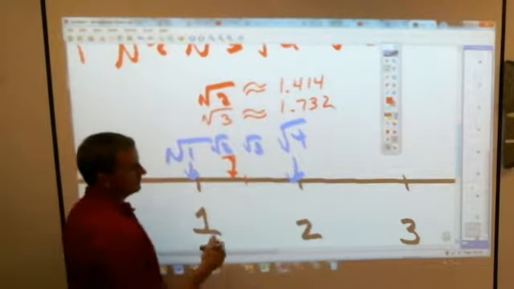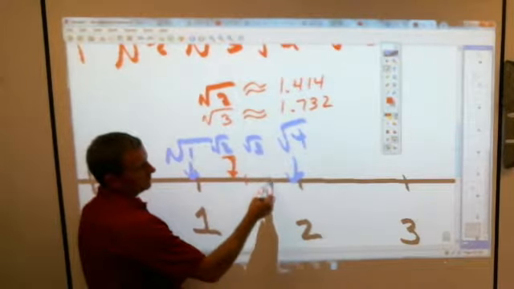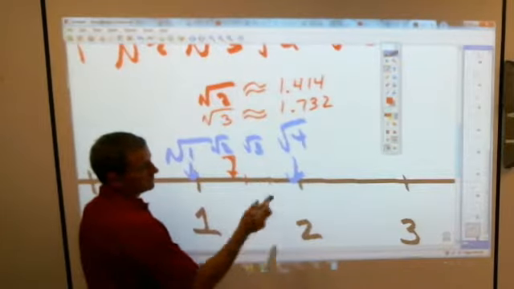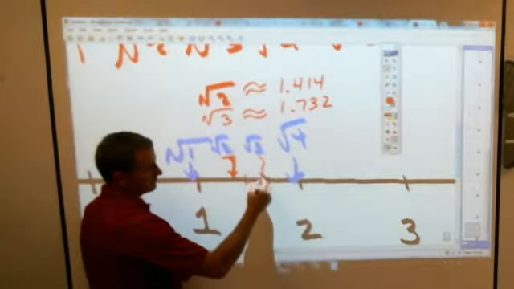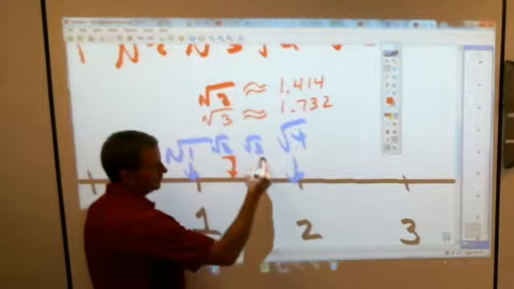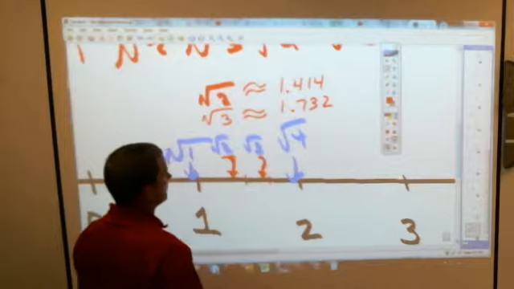Which means, if this is 1.5, what would this line halfway between there be? 1.75. So 1.732 falls right about here. If somebody gives you the square root of $3, they have given you about $1.73, which may or may not make you feel good or bad or otherwise.